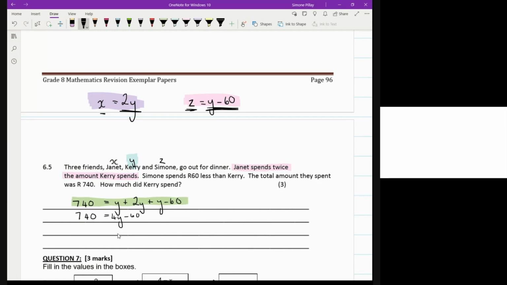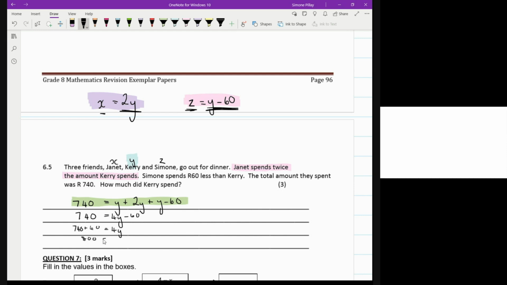Yes, Itandile? Ma'am, can I help you? Mm-hmm. Okay. Ma'am, you're going to say 740 minus 60 is equal to 4y. Are you sure? And it's then minus? Oh, it's plus 60, ma'am. Which is equal to 4y. That means it's 800, ma'am.